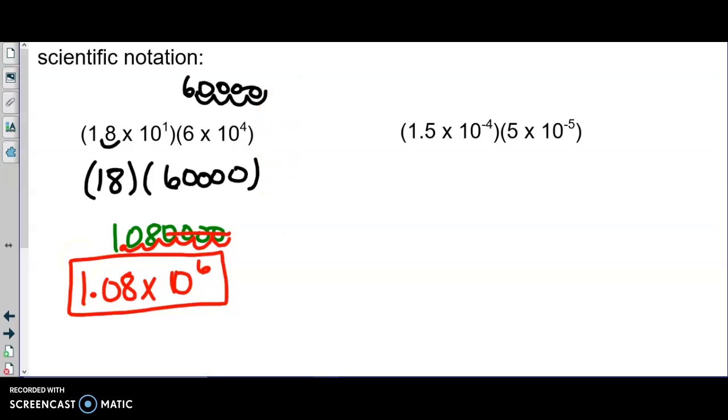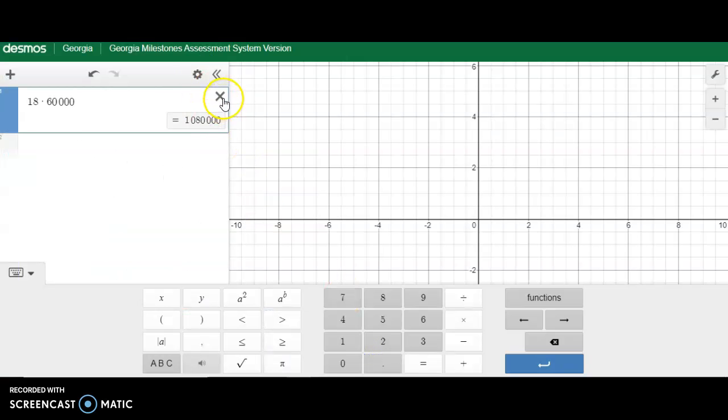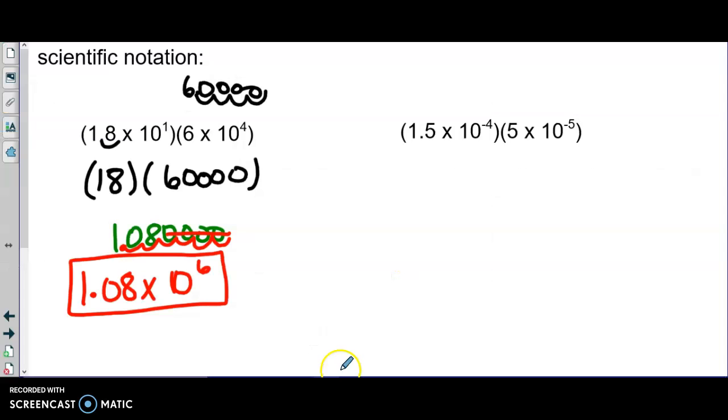Now the other way to do that is you could just multiply the number times the number. So 1.8 times 6 to get 10.8. And then when you multiply with the same base, the base stays the same and you add the exponents.